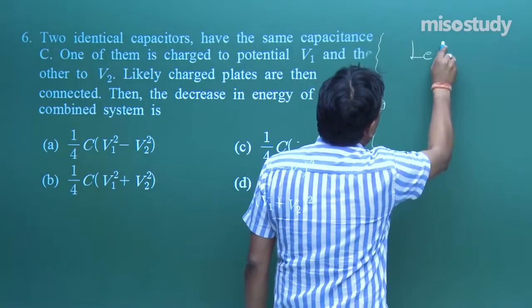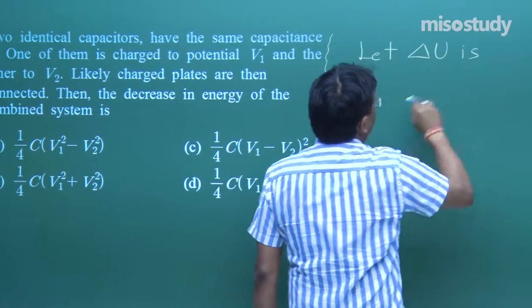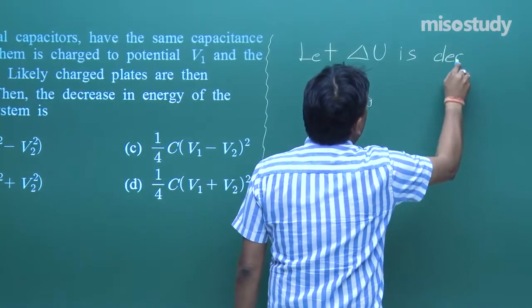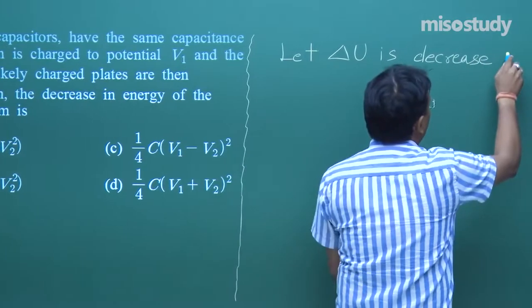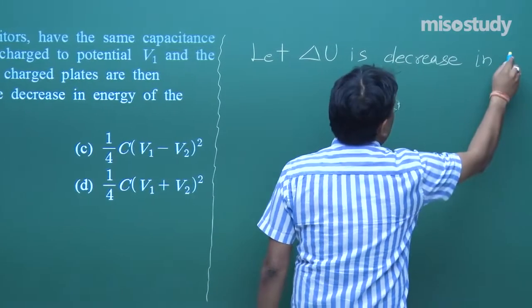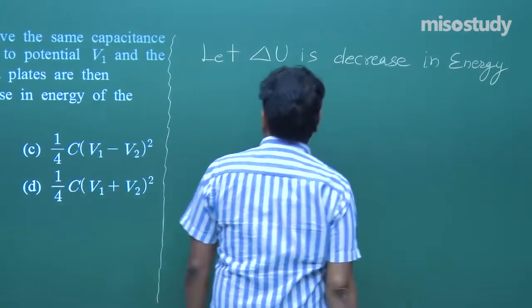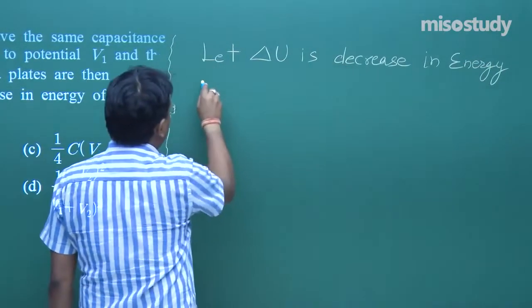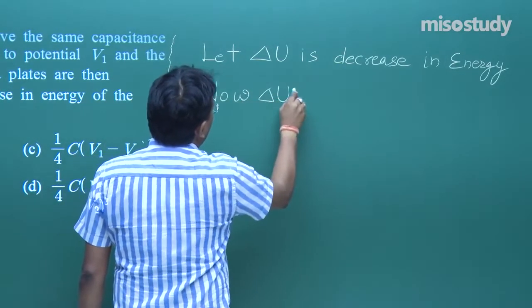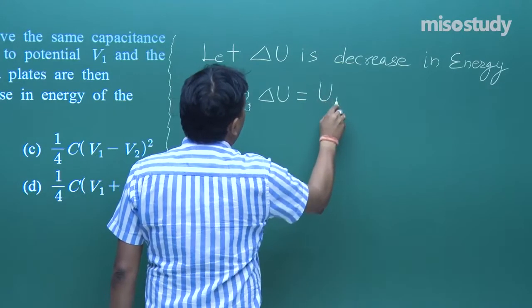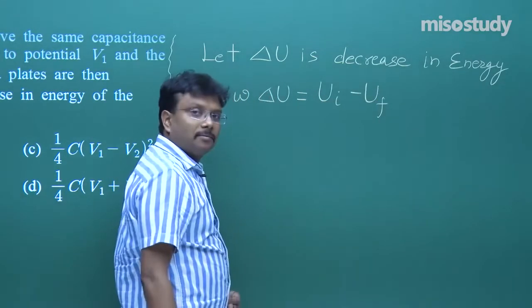Let delta U be the decrease in energy. Now, delta U is nothing but U initial minus U final.